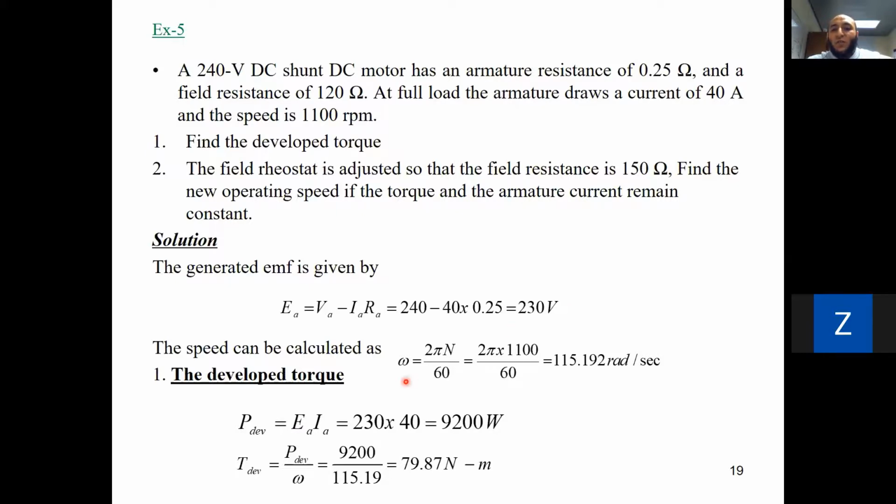We have the speed already, 1100 RPM, so we can get the corresponding speed in rad per second, and the developed torque we get by dividing developed power over speed. So P developed equals EA multiplied by IA, and developed torque equals this developed power divided by omega. So we can get the developed torque.